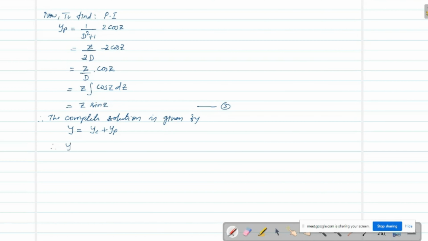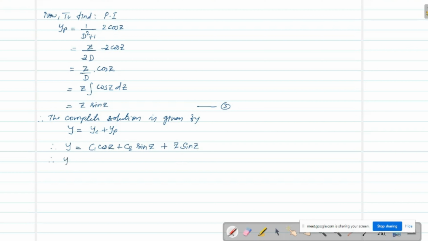So y equals yc, which we found as c1 cos z plus c2 sin z, plus yp, which we found as z sin z. Now replace the value of z.